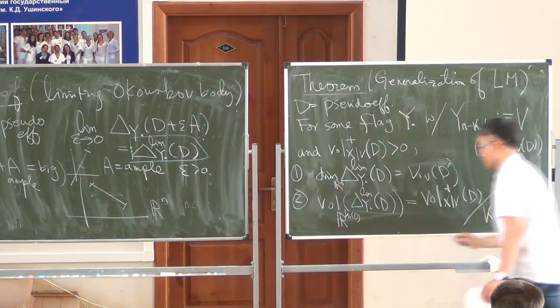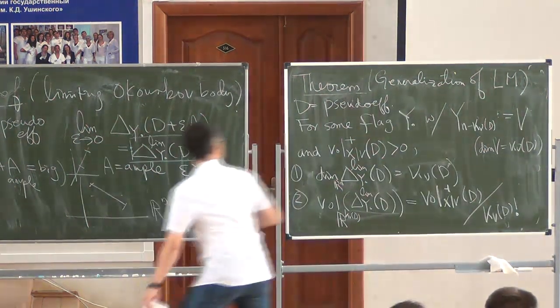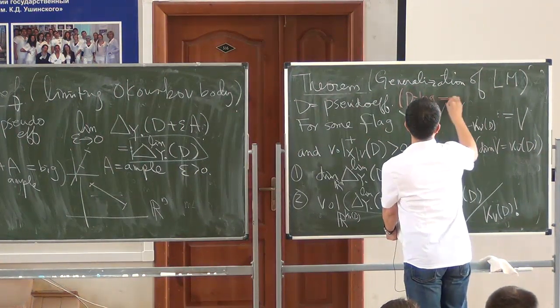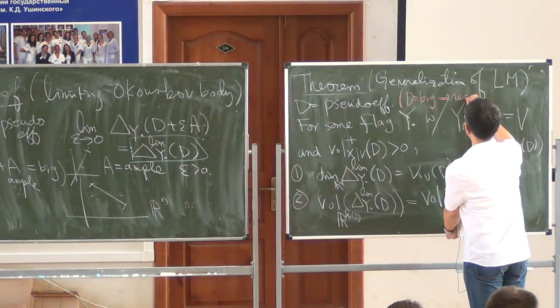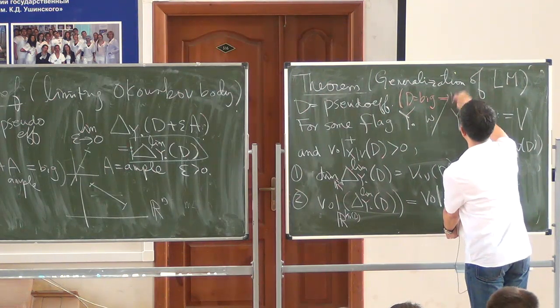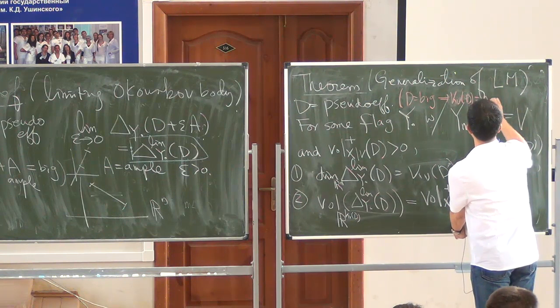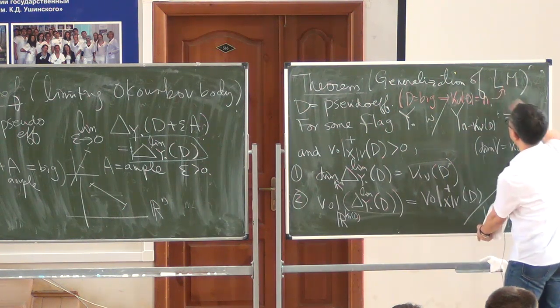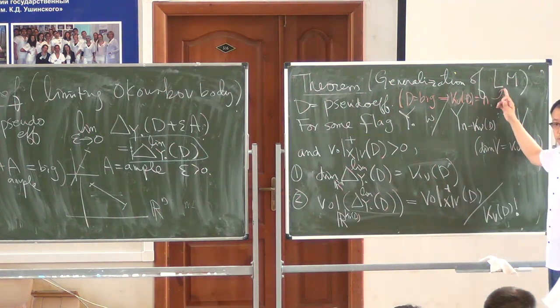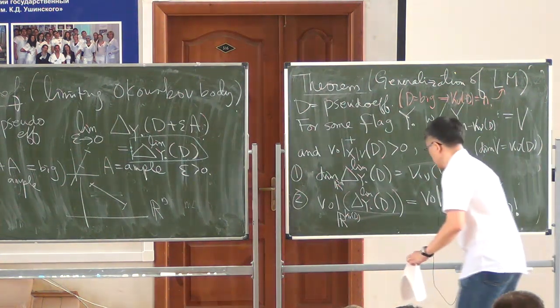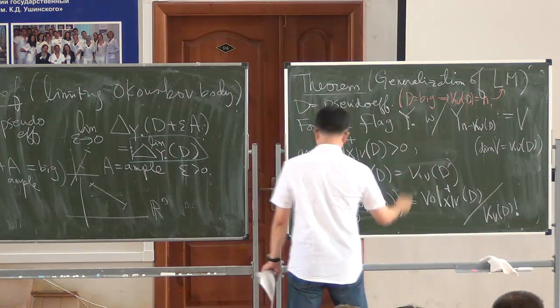As a remark, if D is big, then the numerical dimension just becomes n, and this recovers the whole statement. So I need to explain what this is.